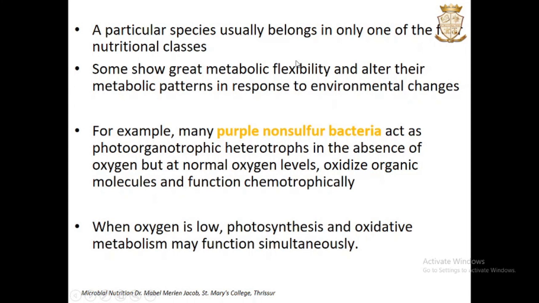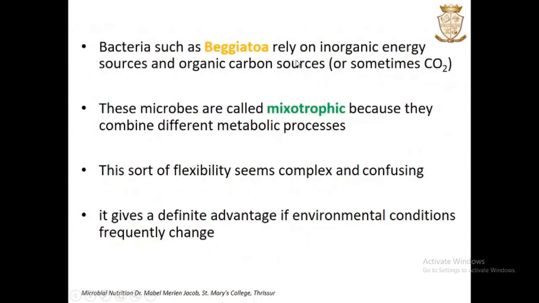So in the absence of oxygen, photosynthesis occurs. With normal oxygen, they resort to chemotrophy, and at low oxygen level both can function simultaneously. And some other bacteria such as Beggiatoa use an inorganic energy source or organic carbon source or even sometimes carbon dioxide.